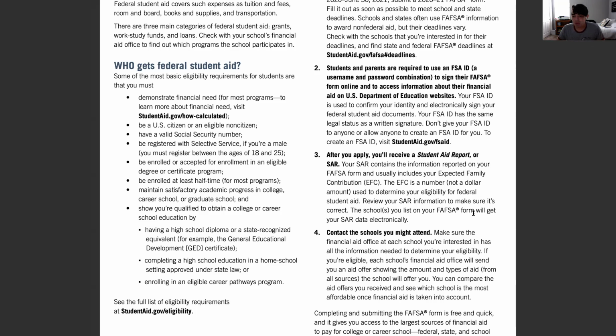That means $10,000. It's quantified in dollars. That's how much they expect. So say your EFC was 5001. That means your family is expected to contribute $5,001 towards your education for the upcoming school year. This is by school year, not for the entire 4 years.